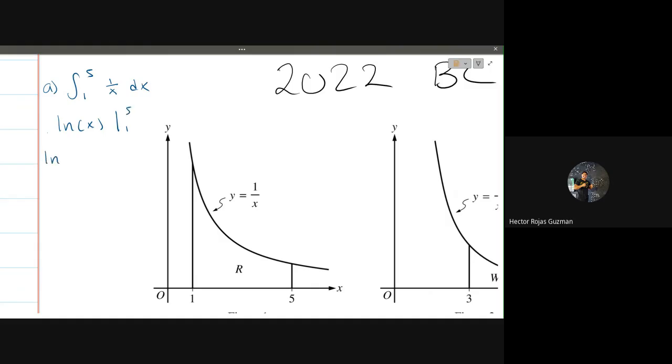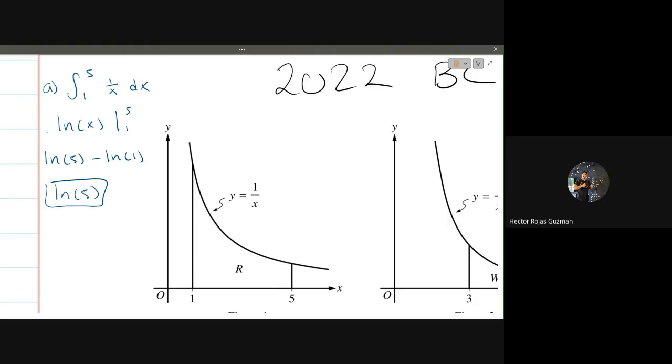Plug it in: ln of 5 minus ln of 1. Some students left it like that, and I gave them the points, but you should know what ln of 1 is. It's 0. So the area is ln of 5. You get 2 points for this: 1 for setting it up with the integral, and 1 for the answer ln of 5.